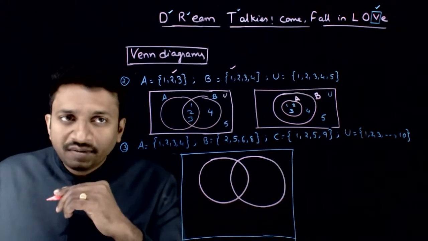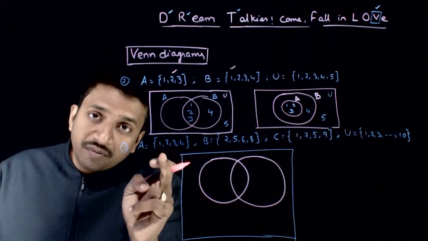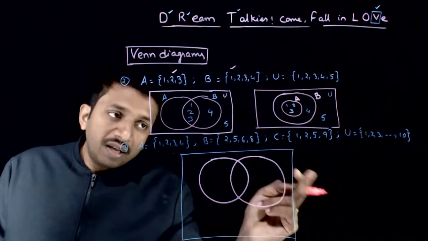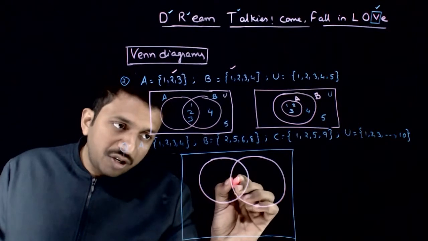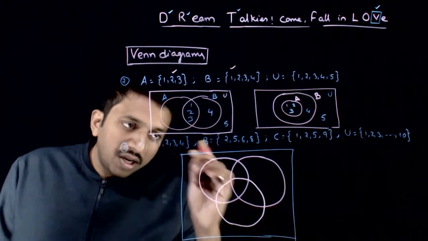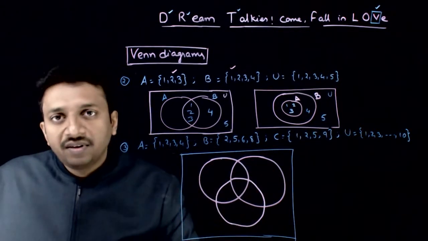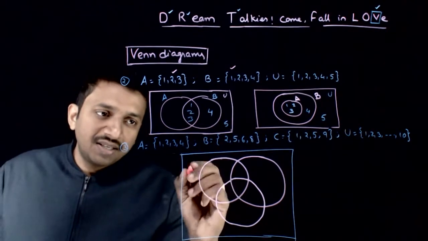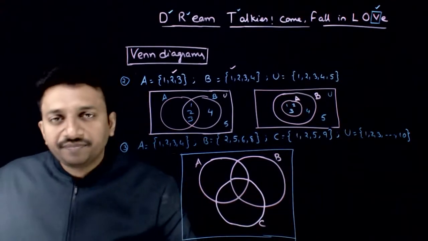Now as you can see, set C might have intersection with A as well as B. So if I draw set C here, you cannot show the intersection with A. So what we usually do is we draw C like this, below this, so that each and every circle has intersection with the other circles. We draw 3 intersecting circles whenever you have 3 sets. Let this be A, let this be B, let this be the set C.